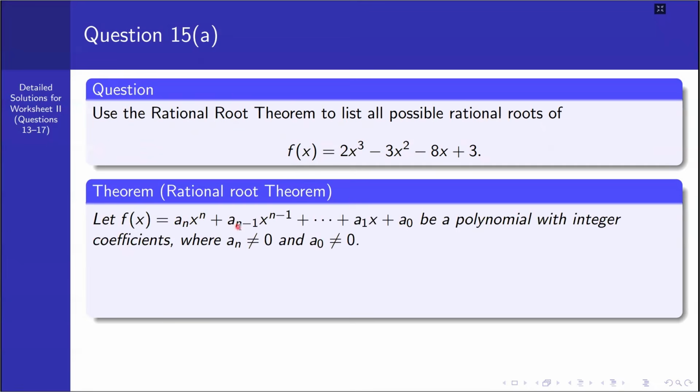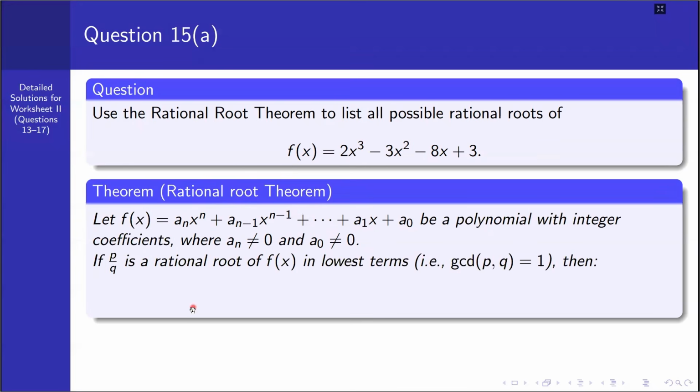Let f of x equal this polynomial function with degree n and leading coefficient a_n, and be a polynomial with integer coefficients, if all the coefficients of the terms from n minus 1 up to the constant term are integers, so that the given polynomial function is said to be a polynomial function over integers. This will be a criterion for applying the rational root theorem, or simply the rational root test.